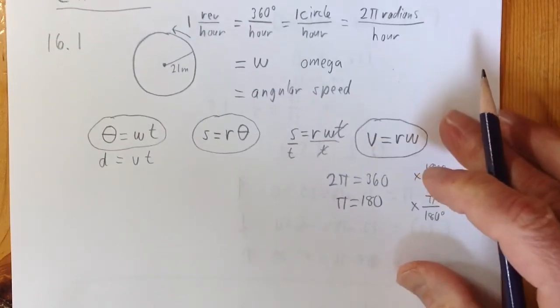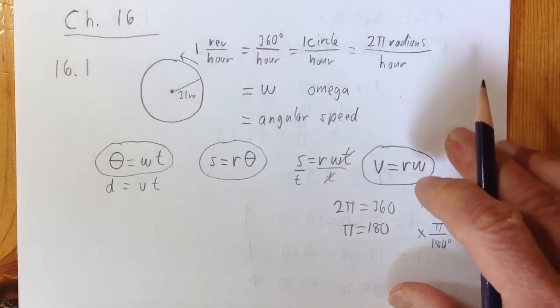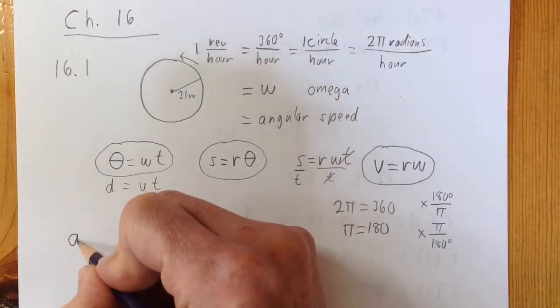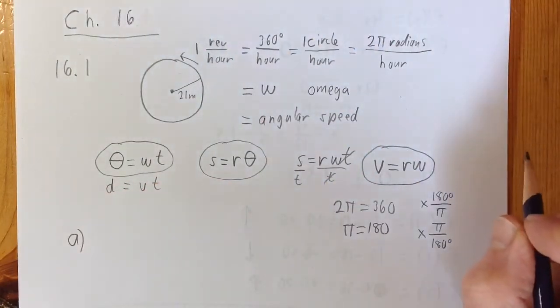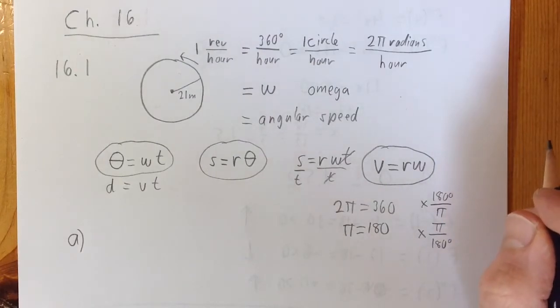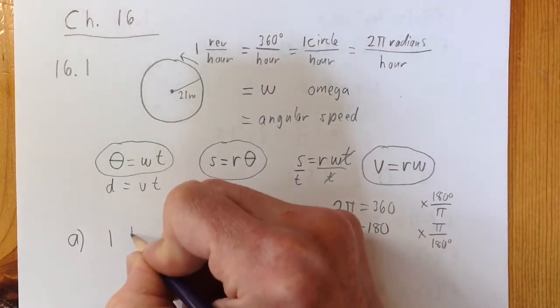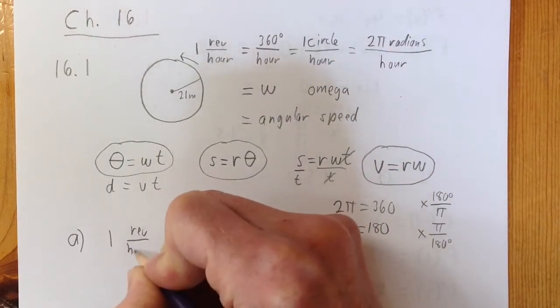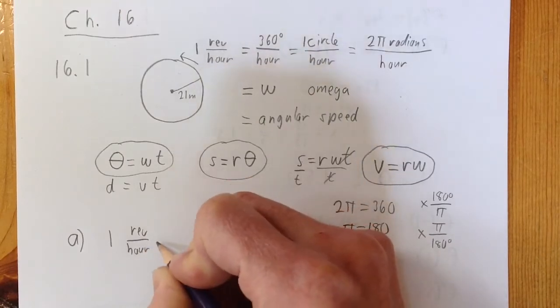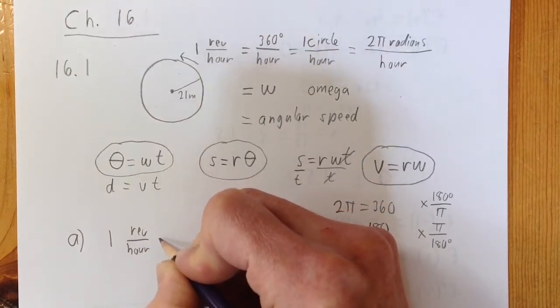Okay, let's actually do the problem. So 16.1, part A says, through how many radians does it turn in 100 minutes? Okay, it goes 1 revolution per hour. So like we said before, 1 revolution per hour. Let's change it to radians. A revolution is 2 pi radians.